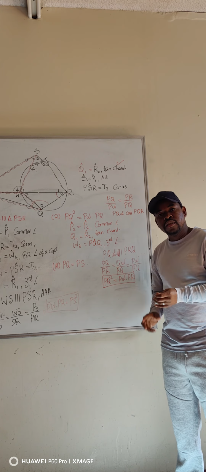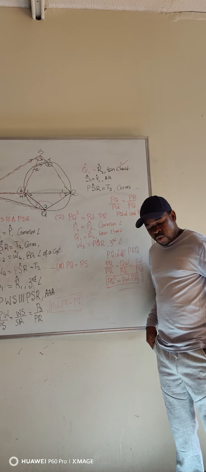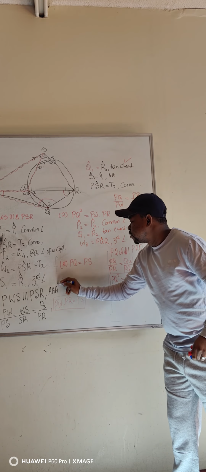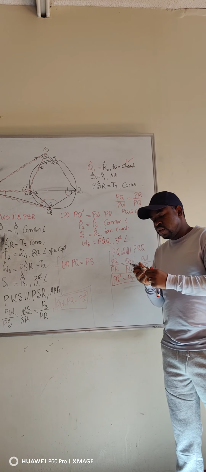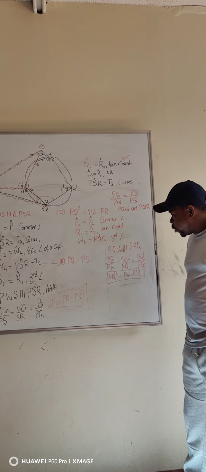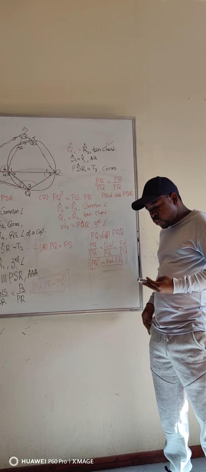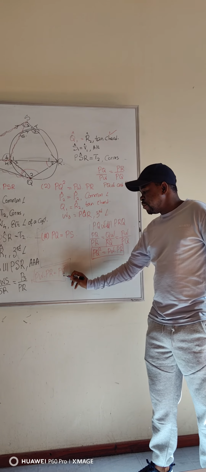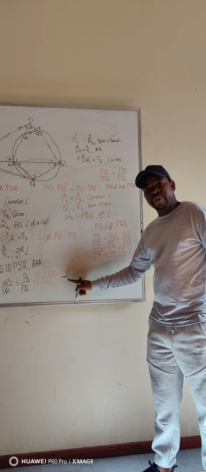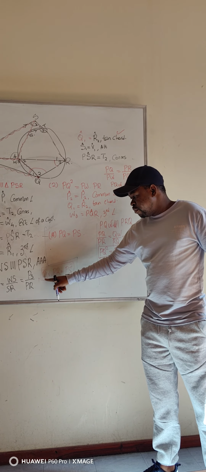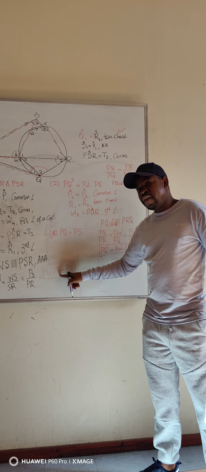What is the last question? Let's quickly do the last question. What is the last question? PQ is equal to PS. Where do we start? Where are we getting PS? Can you see PS here? That is PS. It's equal to, and then that one.